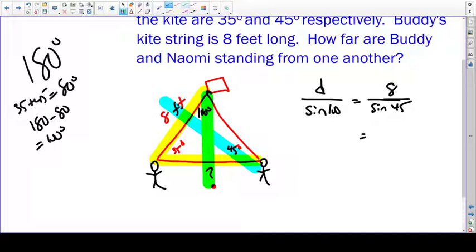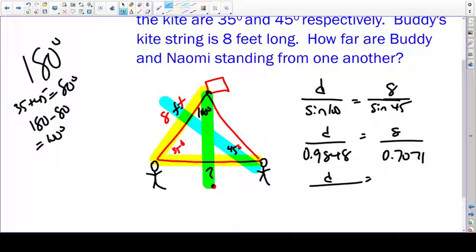So let's figure out the right side. We could actually figure out what the sines are first and work with that. So the sine of 100 degrees is 0.9848. Sine of 45 degrees is 0.7071. So the first thing that we're going to do is divide 8 by 0.7071.